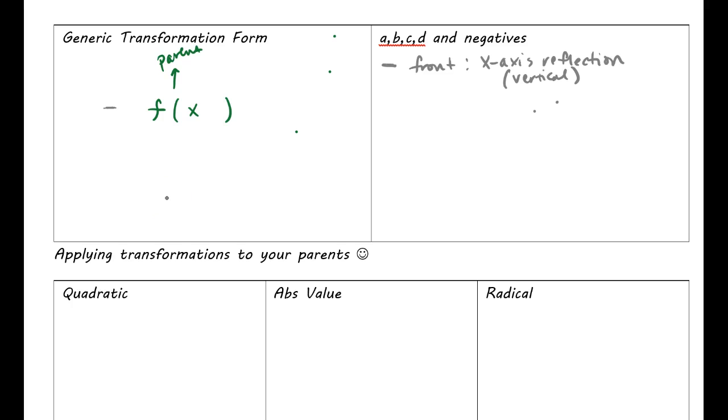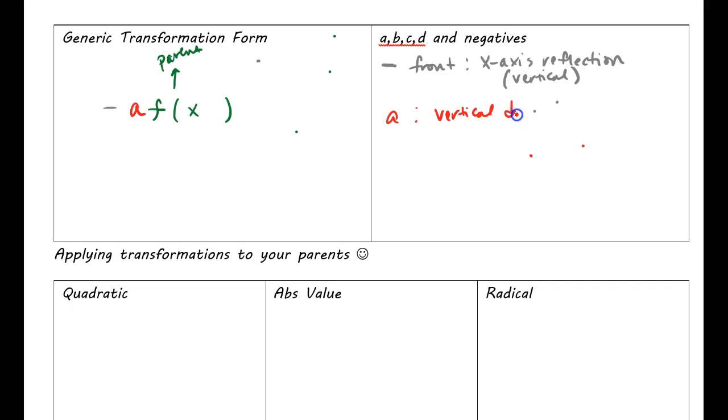The next thing that you could see on your x squared or square root of x or whatever you're looking at, you could see a number multiplied in the front, okay? Now a is just a number, and this multiplier in the front does what we call a dilation, a vertical dilation.